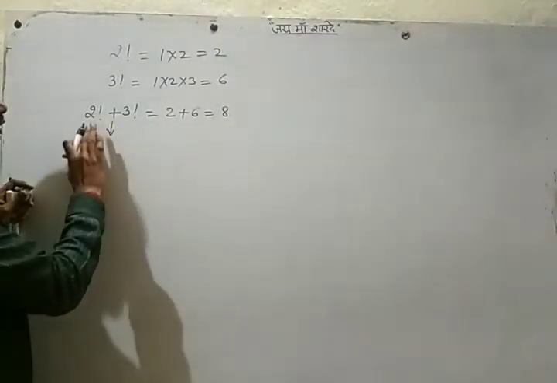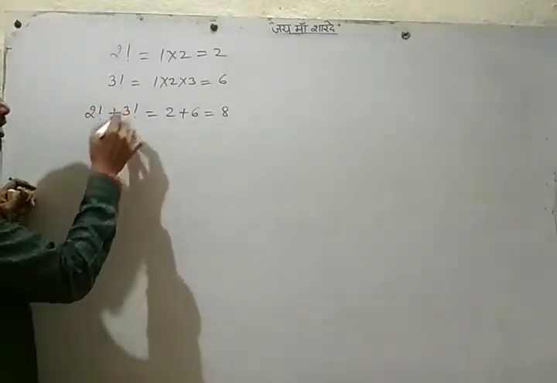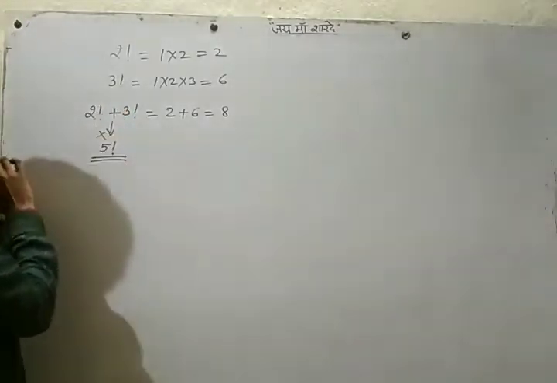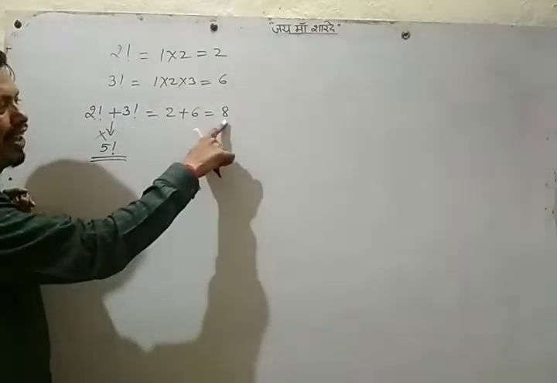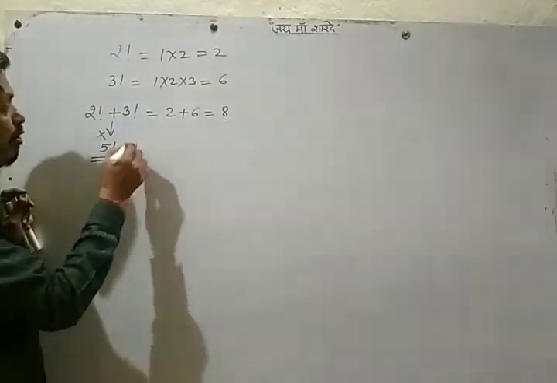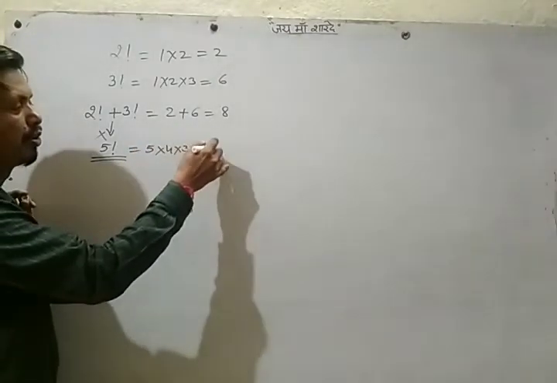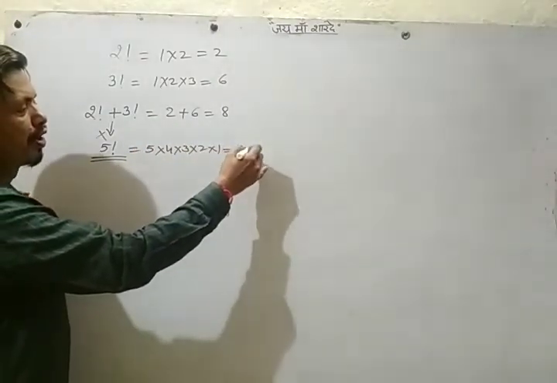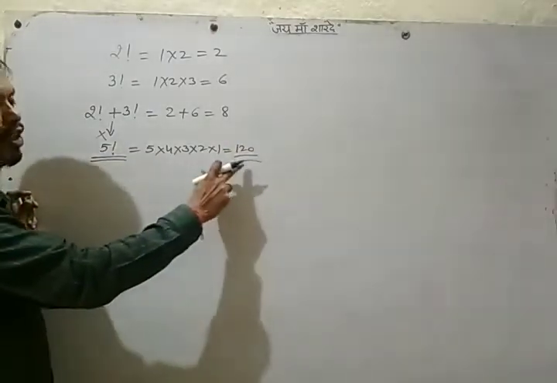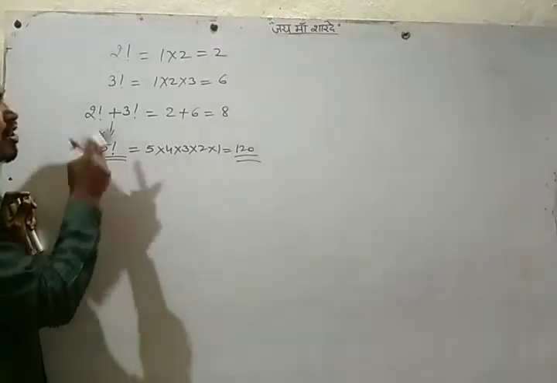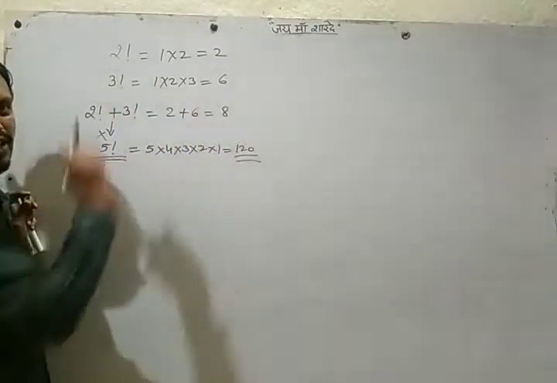It means we cannot write factorial 2 plus factorial 3 as factorial 5. We cannot add like this. It will be wrong, because its value will be 8. It is not 5 factorial, and 5 factorial will be 5 into 4 into 3 into 2 into 1, which is 120. So if you add 2 factorial plus 3 factorial like this, it will be wrong because the actual value is 8.